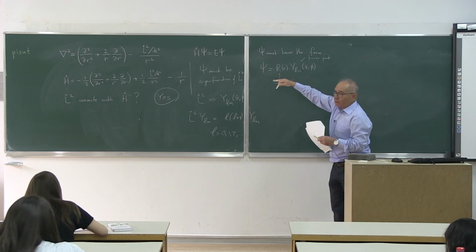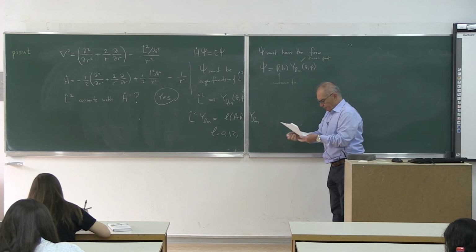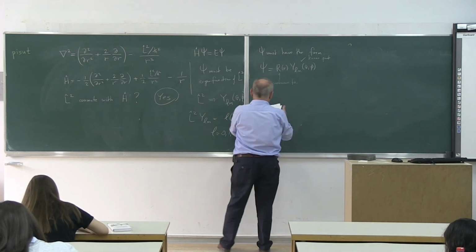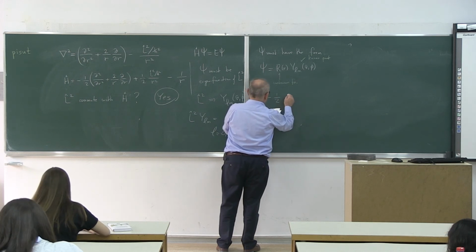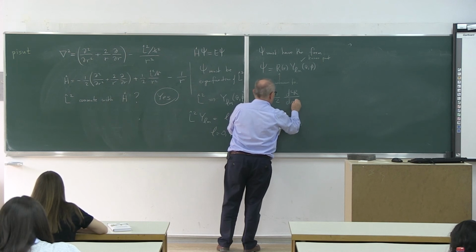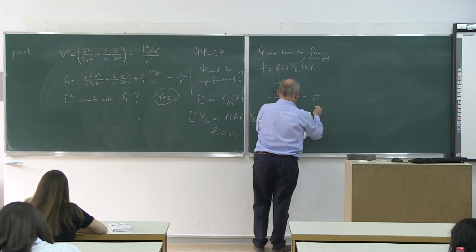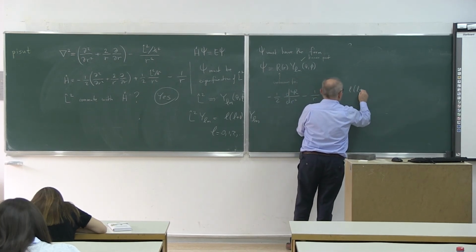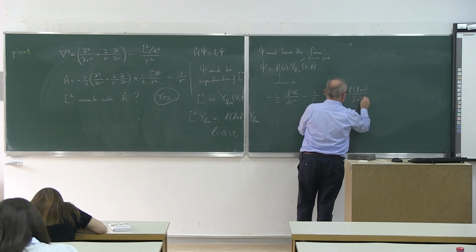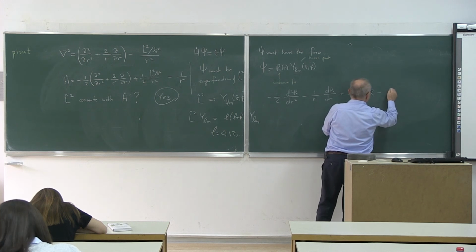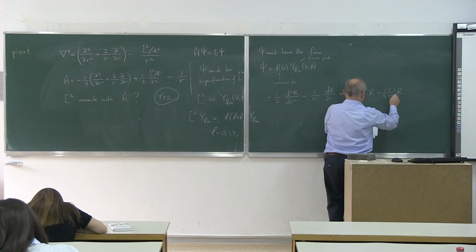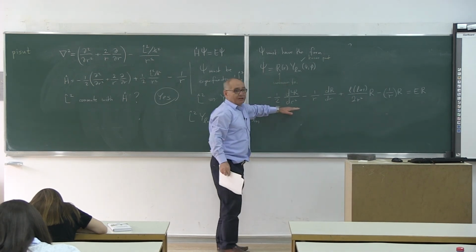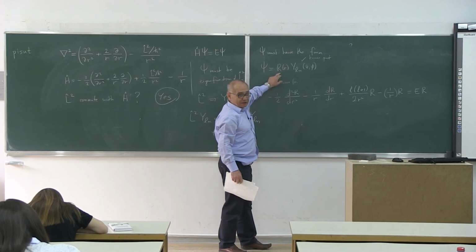This expression is substituted into the Schrödinger equation, and then simplification is done. Then one obtains another equation for R. Finally, the equation for R is minus 1/2... This is the equation for the capital R factor here.